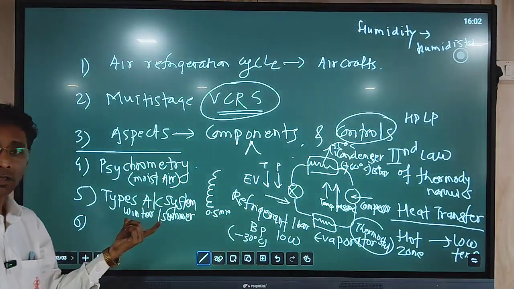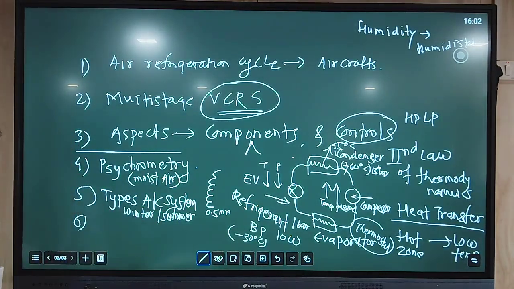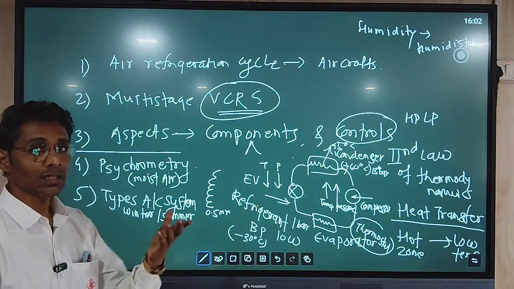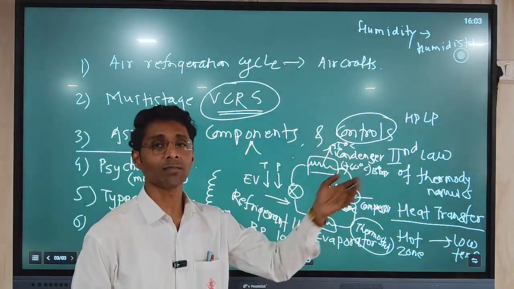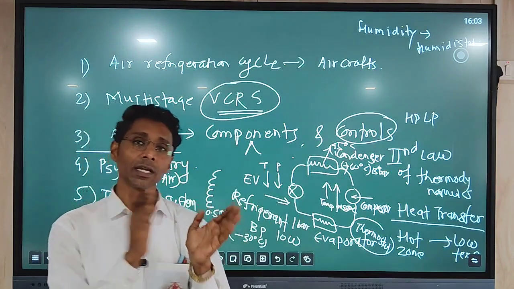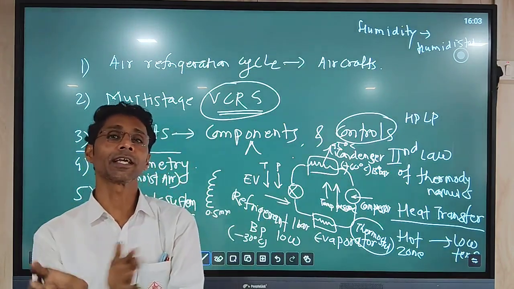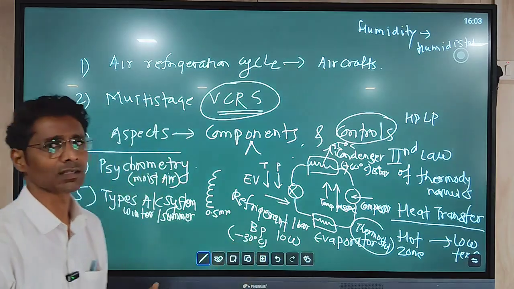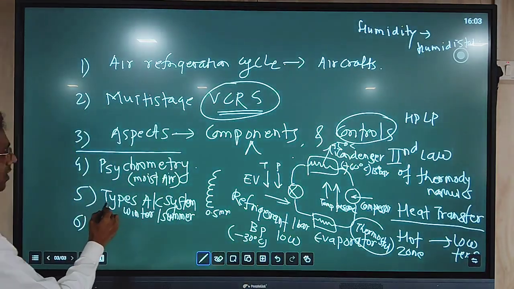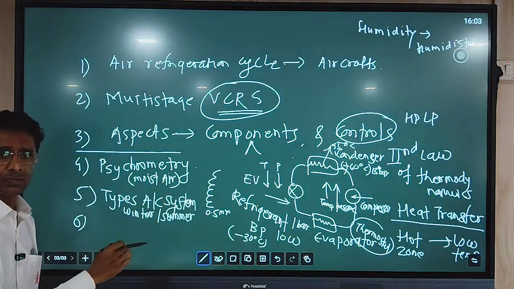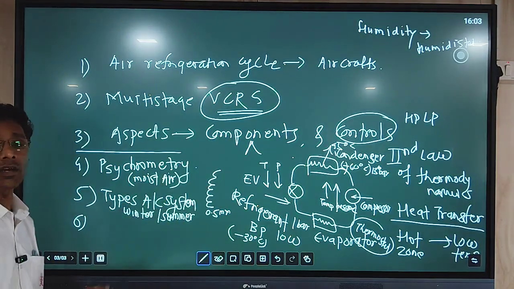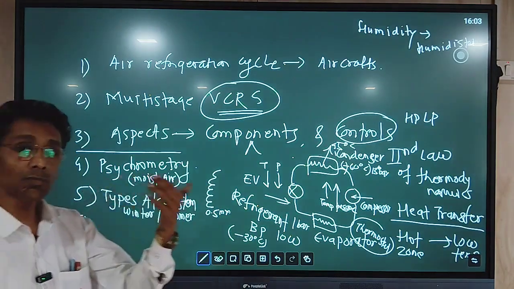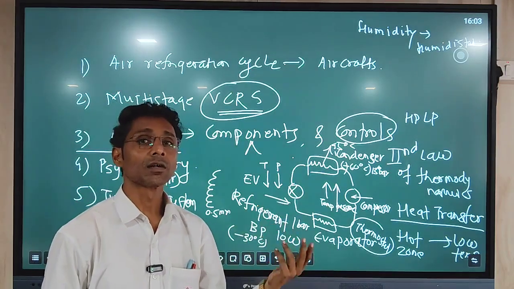On the basis of season, and of the processes we saw a short while ago, that is cooling and humidification, heating, cooling and dehumidification, heating and humidification, there are different types of air conditioning systems. Central air conditioning is used for malls, hospitals, theaters.